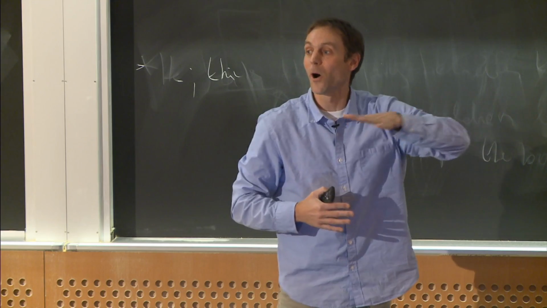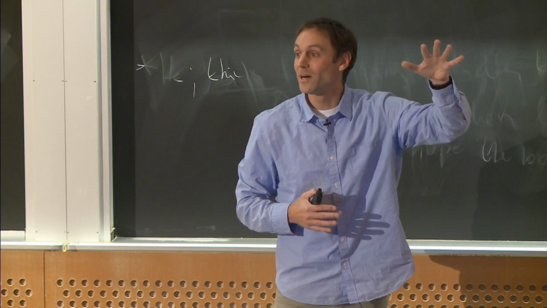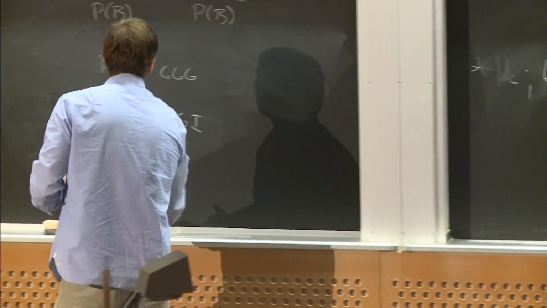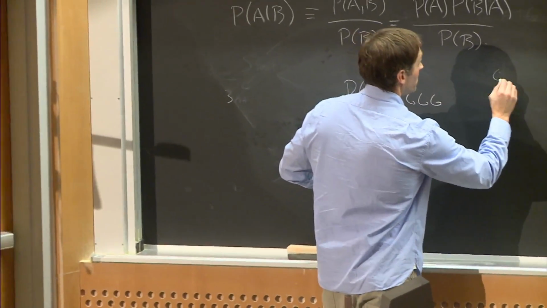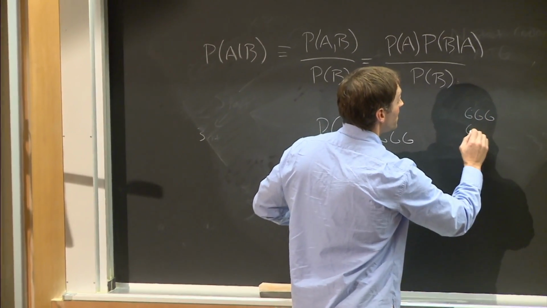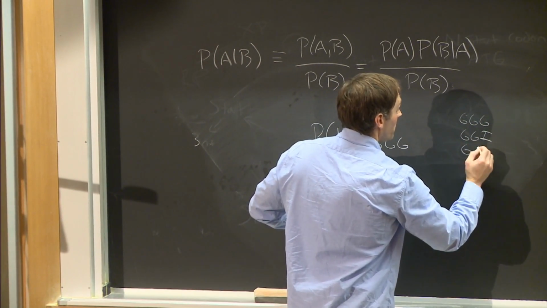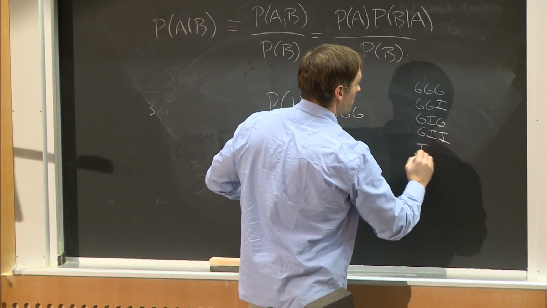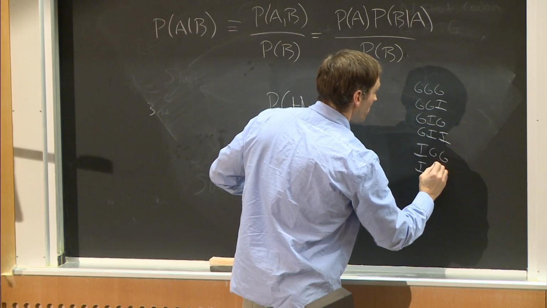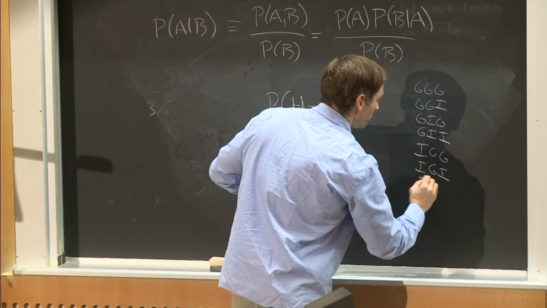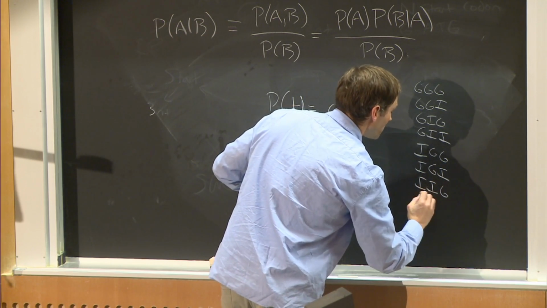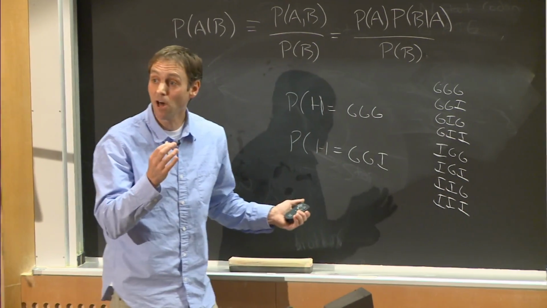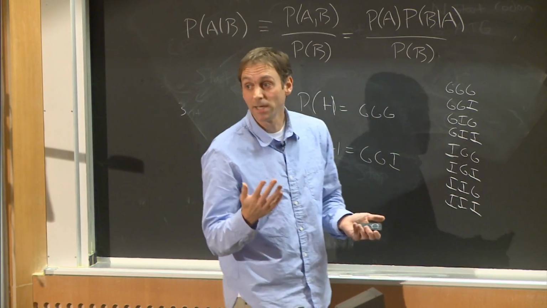You have to sum over all the possible outcomes of the hidden states, every possible thing. So if we have a sequence of length 3, you have to sum over the possibility that H might be GGG or GGI, or GIG or GII, or IGG, et cetera. You have to sum over eight possibilities here. And if the sequence is 1 million long, you have to sum over 2 to the 1 millionth possibilities.